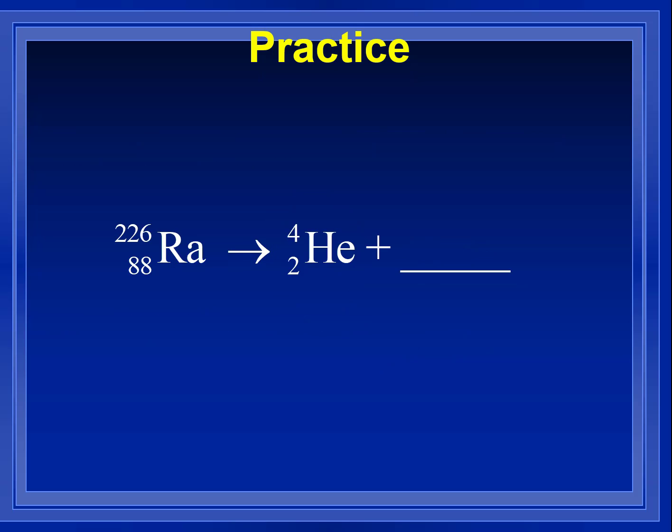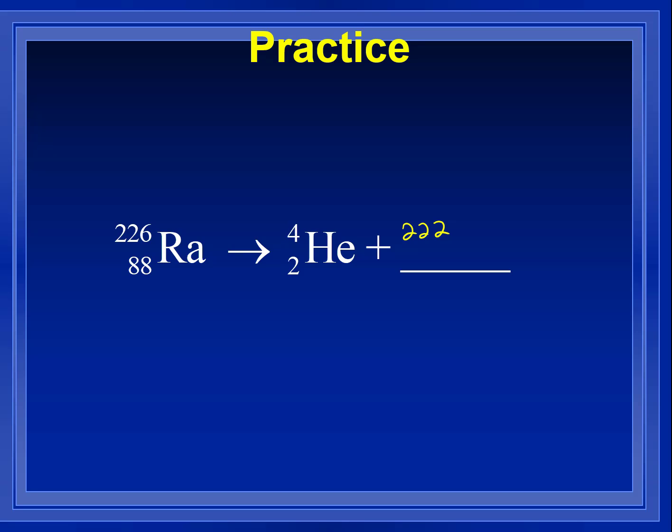Hey, radium. This is what Marie Curie was looking at. Those were her rays from the movie. They were alpha particles. So, what number goes on top? 222 plus 4 makes 226.